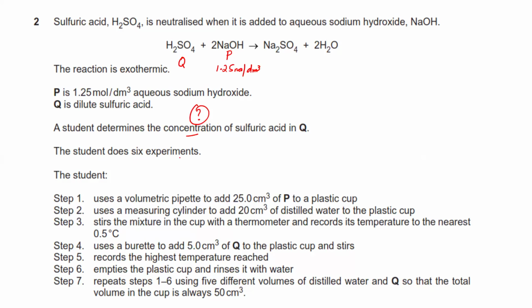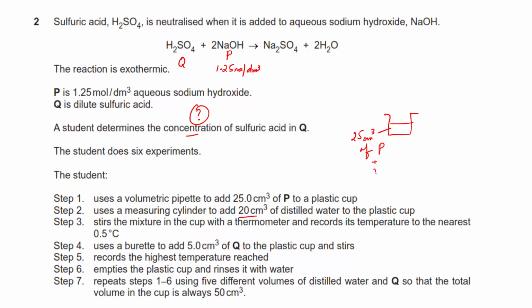So the student is looking for the concentration of sulfuric acid. The student does 6 experiments. Step 1: it says uses a volumetric pipette to add 25 centimeter cube of P to a plastic cup. Okay, so they have taken a cup and added 25 centimeter cube of P. Then it uses a measuring cylinder to add 20 centimeter cube of distilled water to the plastic cup.